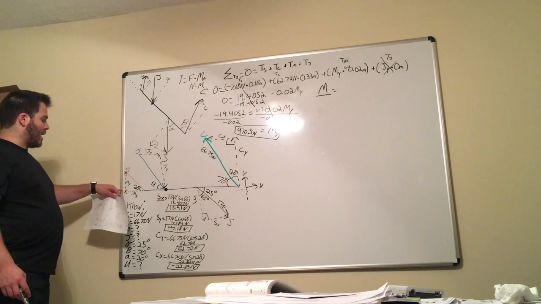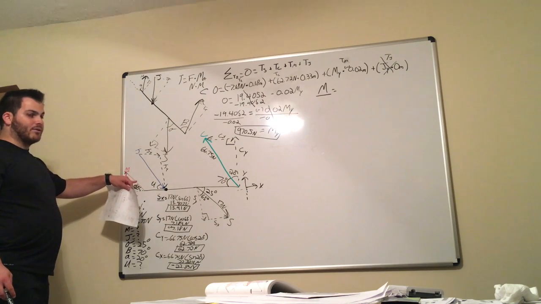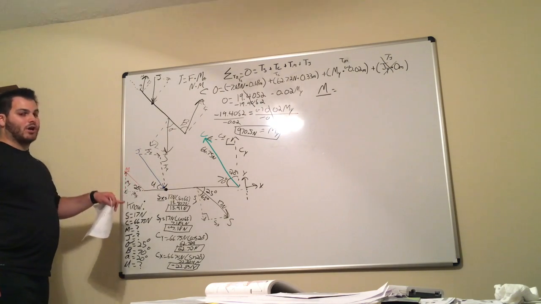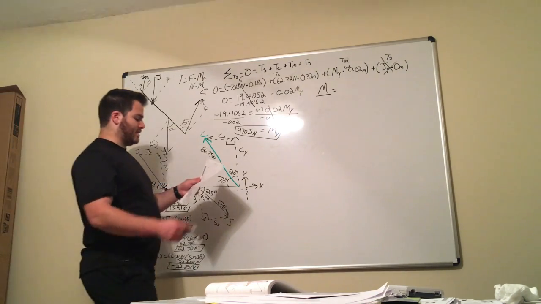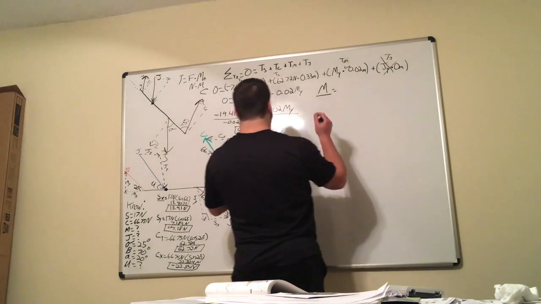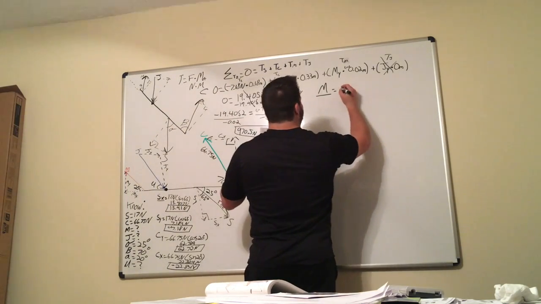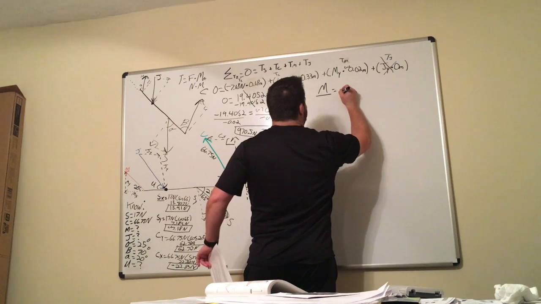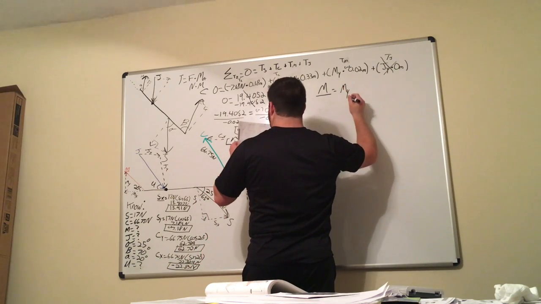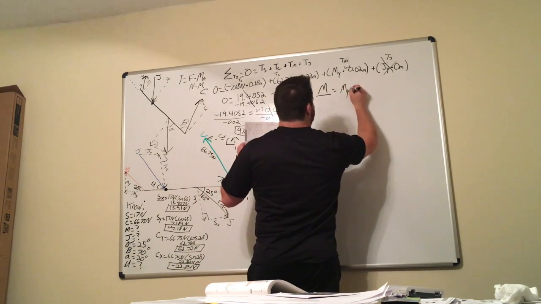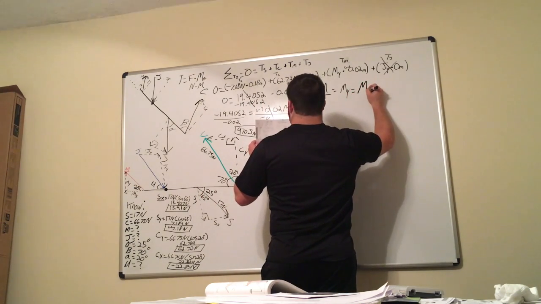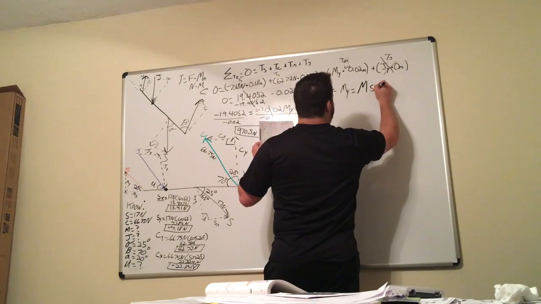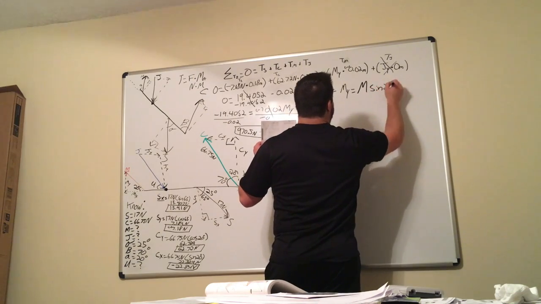So, opposite, hypotenuse. Sine is equal to opposite over hypotenuse. So let's do that. So over here you have your m. So your opposite, which is going to be your m of y, is equal to your m times your sine of 20 degrees.